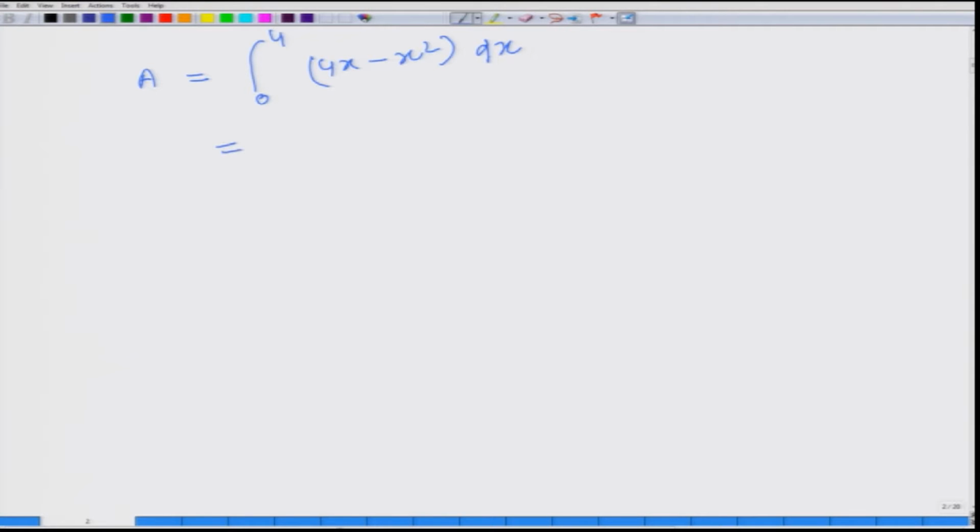So, this gives 4x square by 2 minus x cube by 3, in limits 0 to 4. So, this gives 4 into 16 by 2 minus 64 by 3.